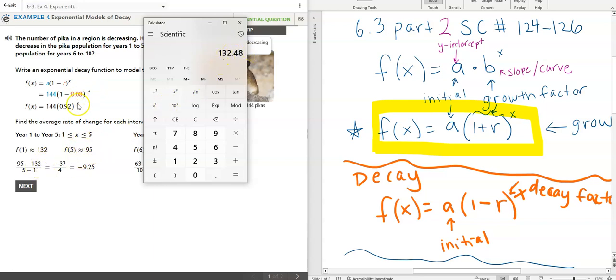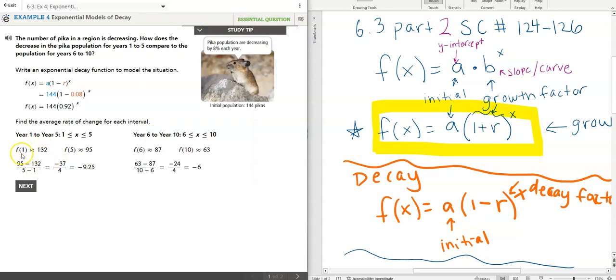Then I'm going to do the same thing with my exponent. If I do 0.92 raised to the power of 5, and then multiply that by 144, I'm going to get about 95. Again, they're rounding, but that's where those numbers are coming from.